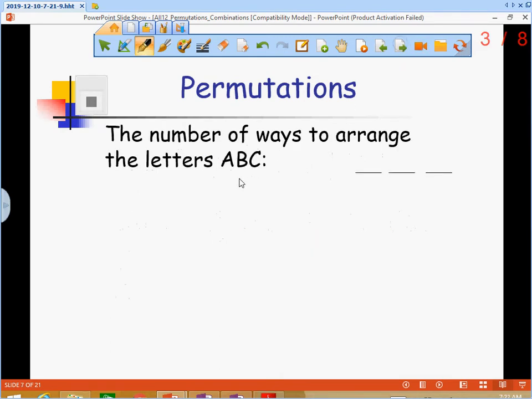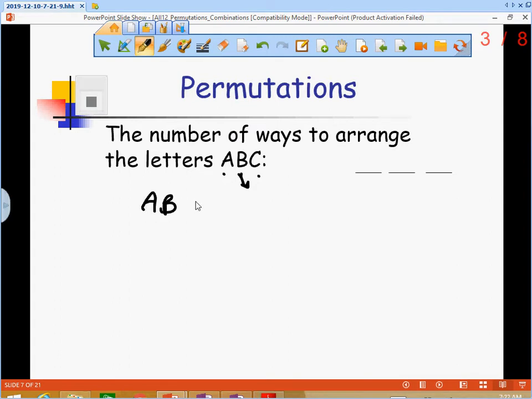For example, I have three letters here, A, B, and C. And I wanted to pick two of them, or the three of them. If I'm going to arrange the three of them, it's not just ABC, because ABC is different than CBA, different than ACB. But what if I'm going to pick three letters from ABC? What is the arrangement I do have, if order matters?